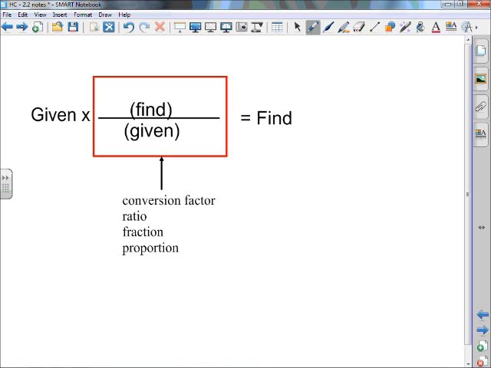You may have to do it a second time, depending on how many things you need to convert, so that it ultimately gives you the answer you're trying to solve for. As we do more of these, you'll be able to see kind of the big picture and truly make a multiple step calculation in one long continuous calculation.